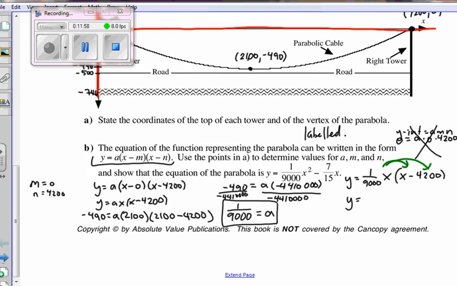So 1 over 9,000 x times x is 1 over 9,000 x squared minus 4,200 over 9,000.